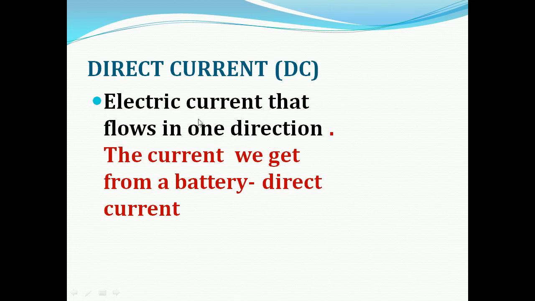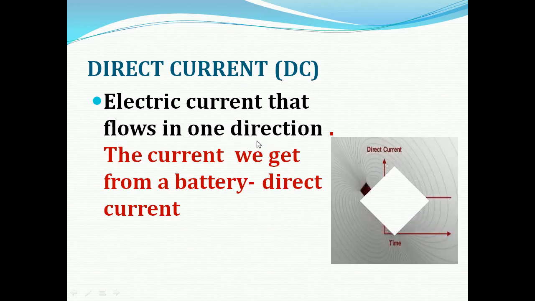The current we get from a battery is an example for direct current, because from the battery the current will flow in one direction. So that is called direct current.